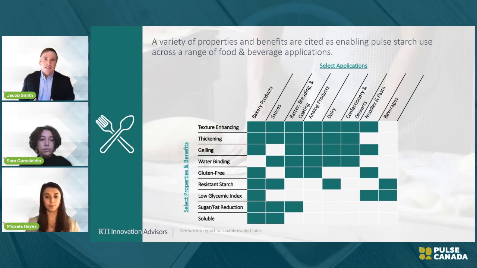So in this data set, there's a wide range of different properties that these pulse starches or modified pulse starches have that contribute to them being a great match for a wide array of applications, or at least that companies are starting to learn how to work with these to make them a great fit for these types of applications.